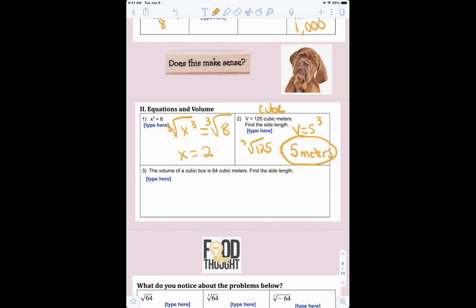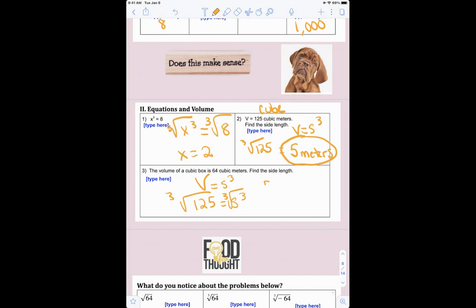So the volume of a cubic box is 64 cubic meters, and we need to find the side length. So again, volume equals side cubed. So we know that 125 equals side cubed. So I'm going to take the cube root of both sides. And cubed and cube root undo each other.